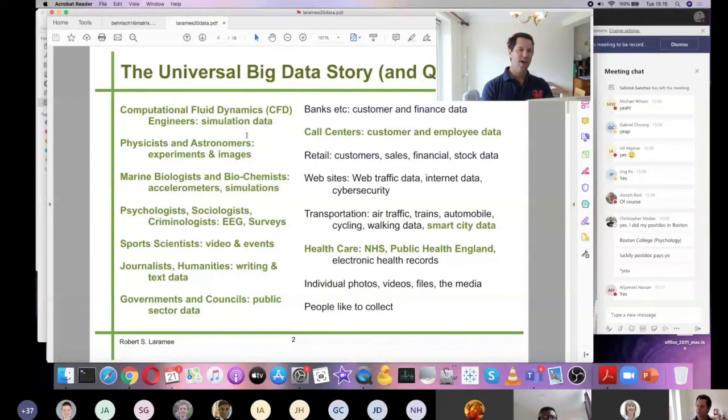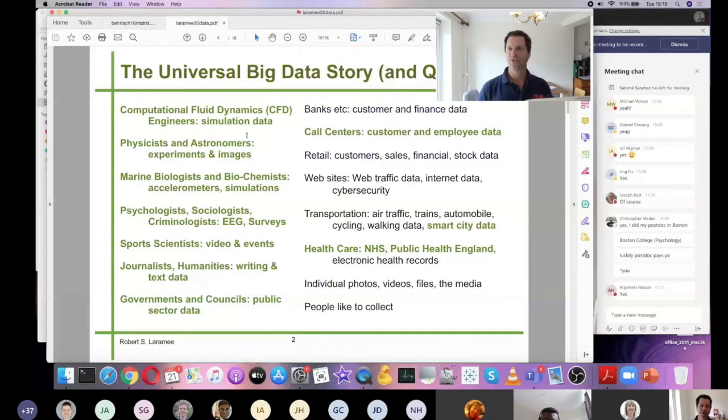And this is happening, it doesn't really matter where you look, this is happening everywhere. Here are just some examples of where this is happening. If you're an engineer, you collect CFD simulation data, and if you do collect CFD simulation data, you realize that this is a massive problem. Simulation data is huge, and it's very difficult to analyze, and extract useful knowledge and information from.